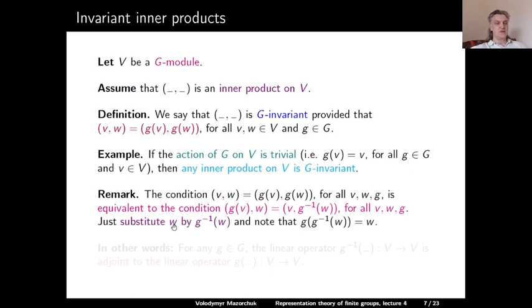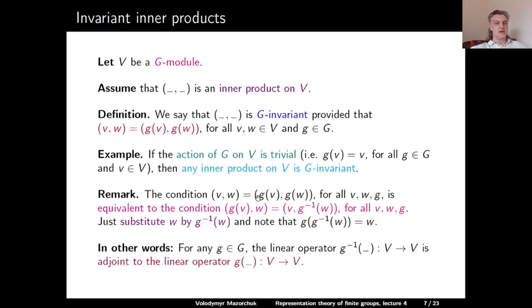So we can simply substitute w by g inverse of w and use that g of g inverse of w is equal to w. And this reformulation essentially says that if we have an invariant inner product, then for any element g in G, the linear operator given by g inverse is adjoint to the linear operator given by g.